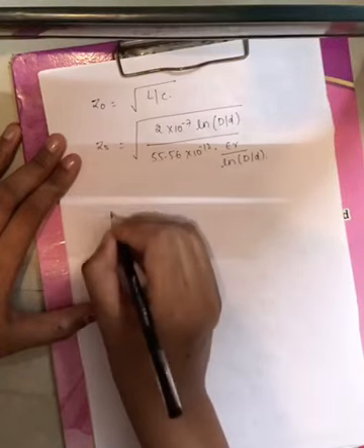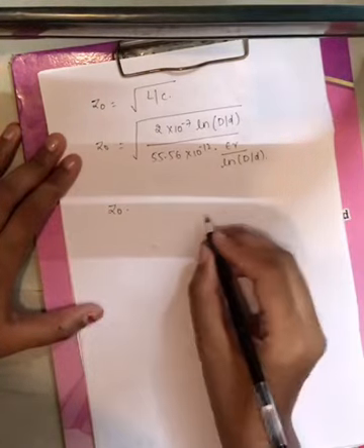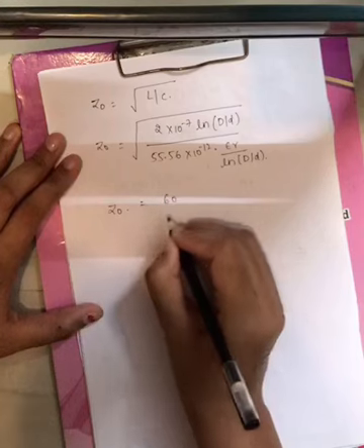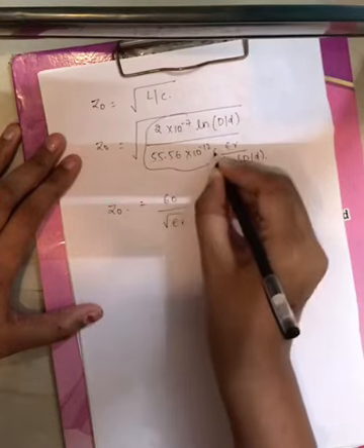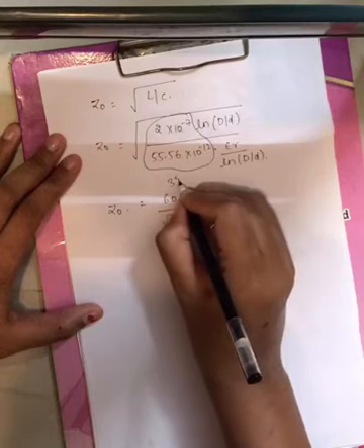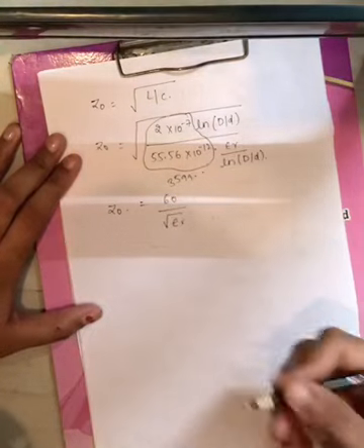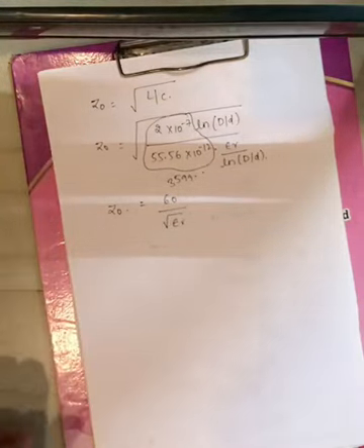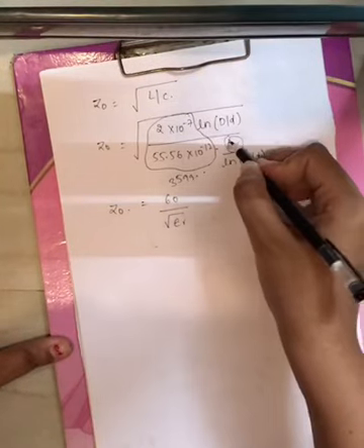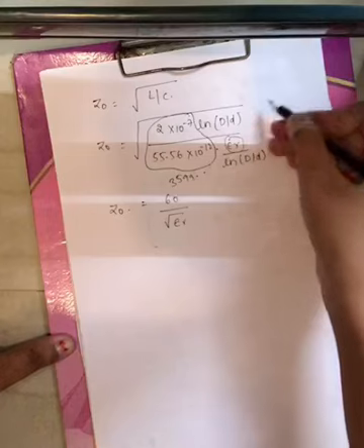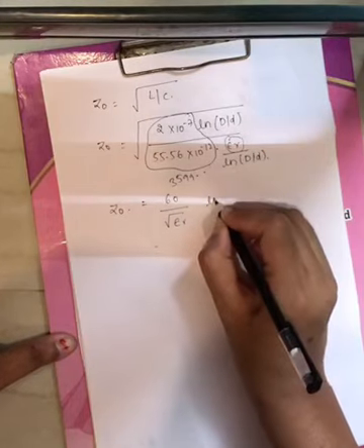Now Z naught, if you solve this, you will get 60 by root of epsilon r. This total value will be 3599 point something; consider it as 3600. Root of 3600 is 60, and root of epsilon r goes to the denominator, as square and root get cancelled.